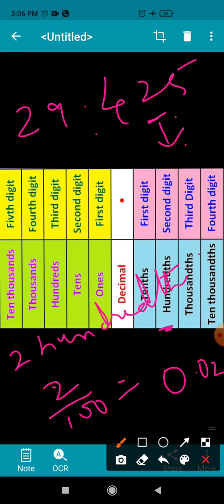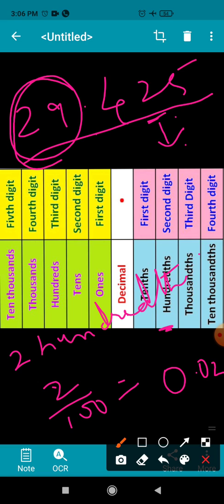Okay, and when you will read this number, you will read the left digits together and the right digits separately. Here this is a point, and to the left of the point or decimal is 29. So you will read it as 29.425.